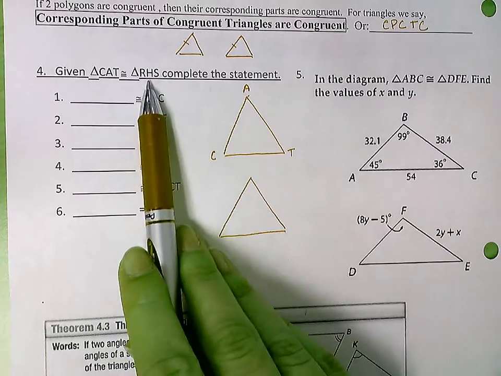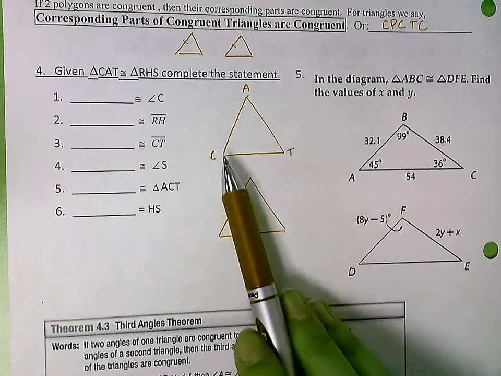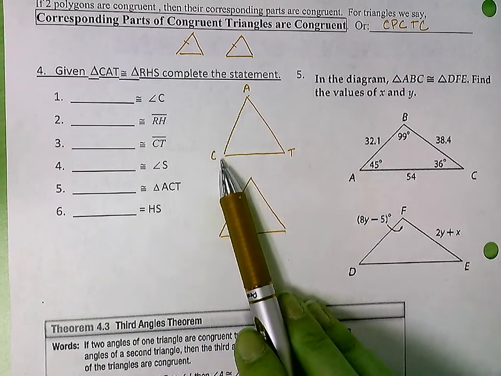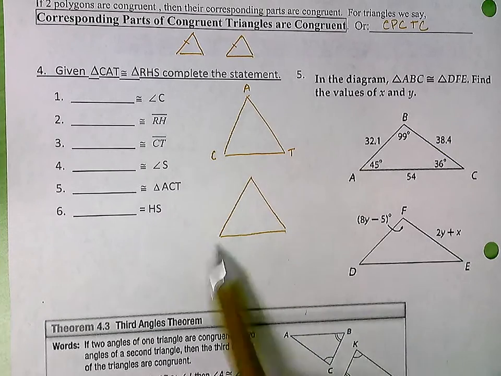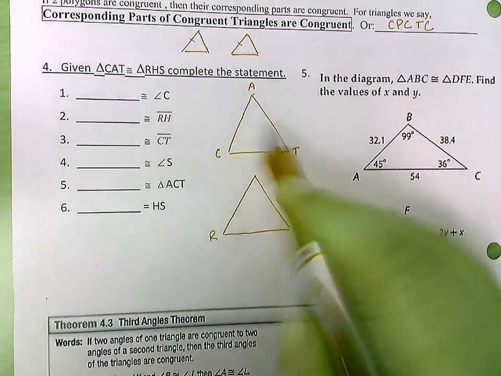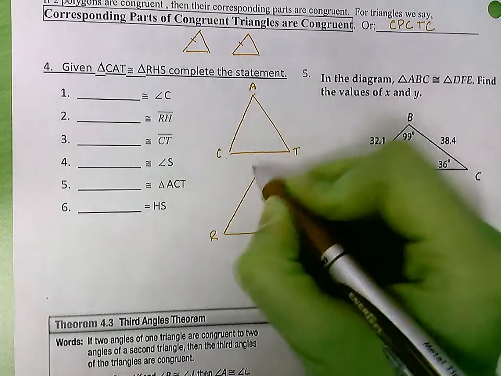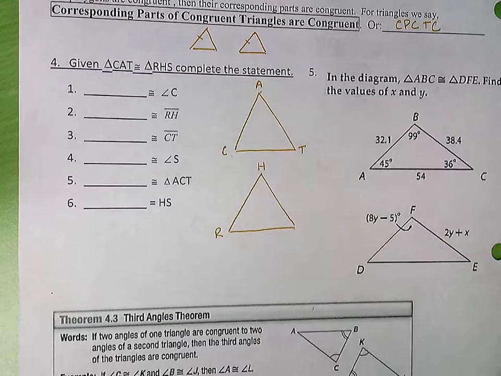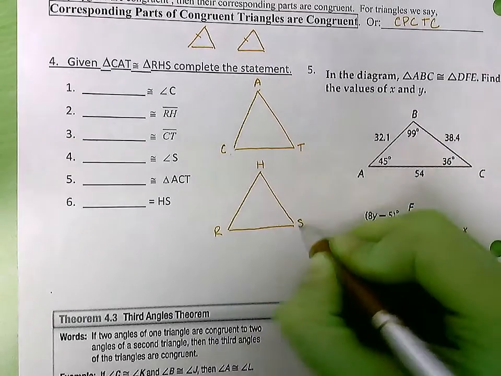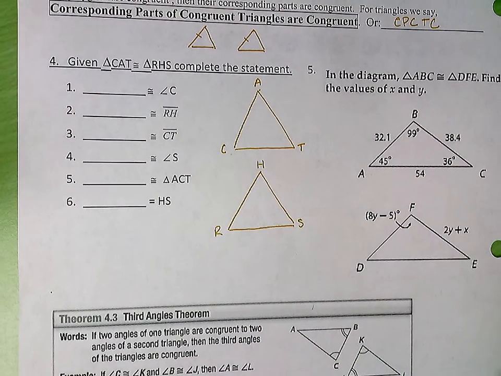Now my second triangle is RHS. Since I started here, I need to start here. I went up to that top vertex for my next letter, so I'll go again up to that top vertex for H, and then finish with S.